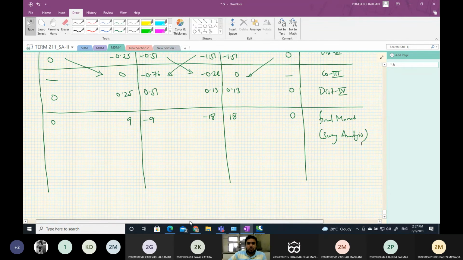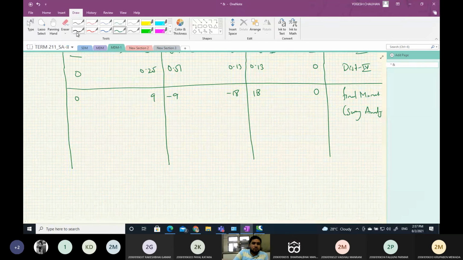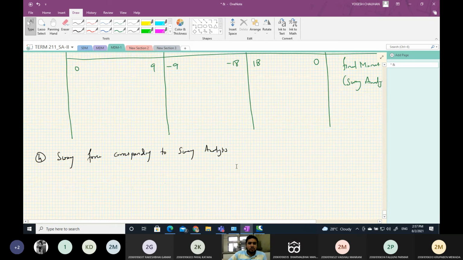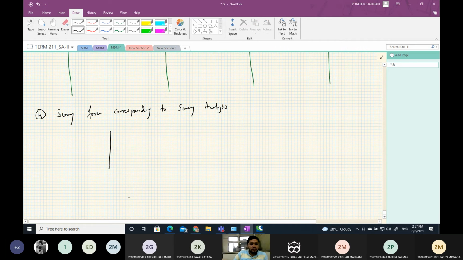Now the next step is to find the sway force corresponding to the sway analysis. So again, you take the moment at B. This will be HA dash.